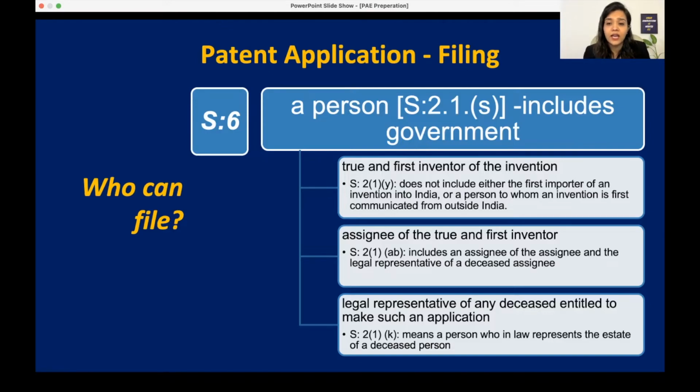Second, we have assignee of true and first inventor. Here it's important to understand the term assignee. Assignee is defined in section 2(1)(ab), and it says assignee includes assignee of the assignee and legal representative of a deceased assignee. So who is an assignee? For example, I am Priggya Arora.